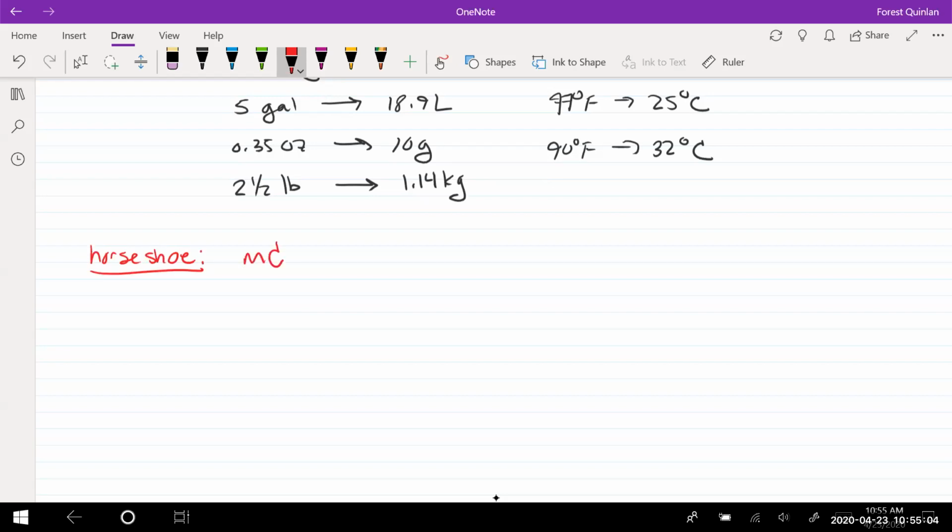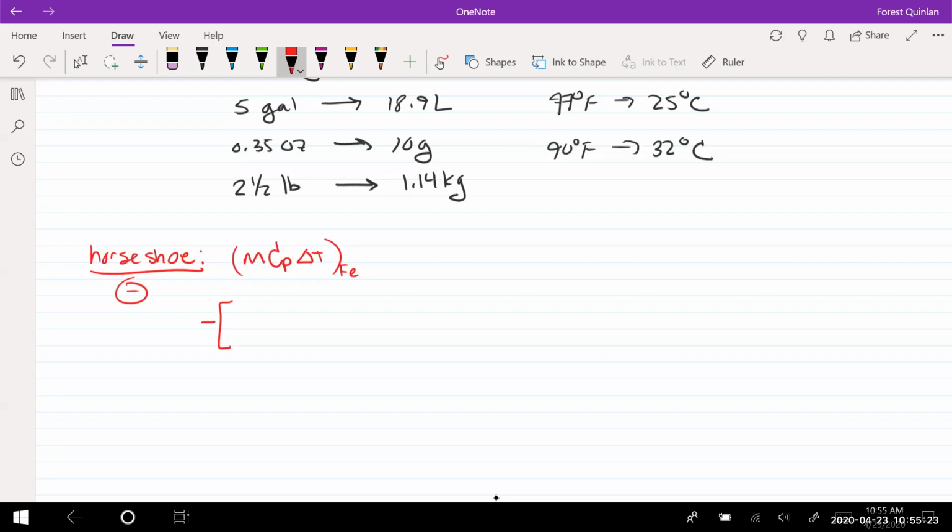All right, that was an MCP delta T for iron. And so what do we have here? And that's going to be a negative, right? Because that's one losing. So we have the mass.